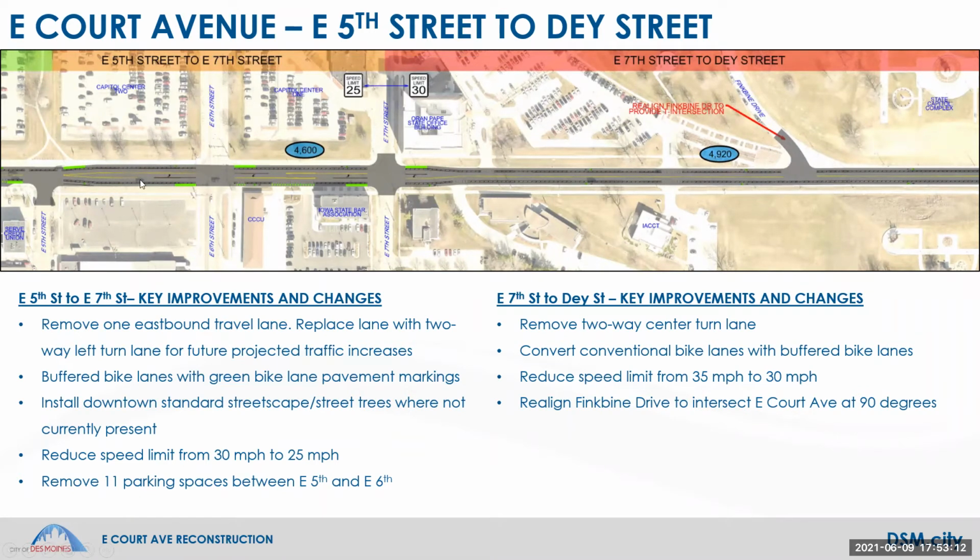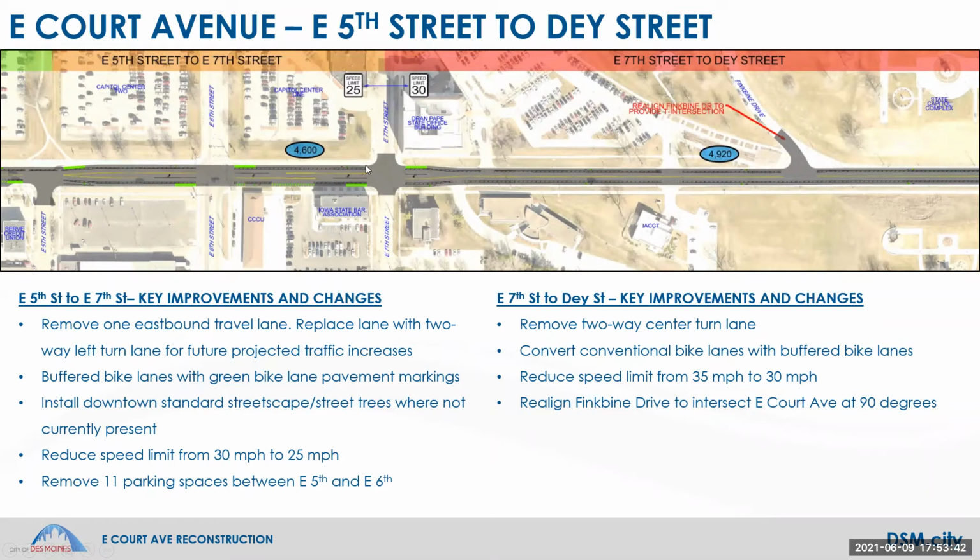But again, we'll be removing that one eastbound lane. We'll have the buffered bike lanes with the green paint up to East 7th, and then again, buffered bike lanes as you go farther east without the green paint as you get up towards the Capitol. We'll be installing again some of those downtown streetscape elements where possible, where we're impacting the sidewalk.